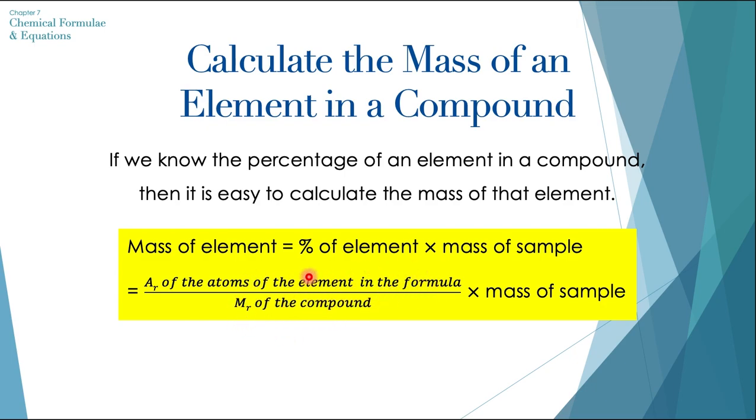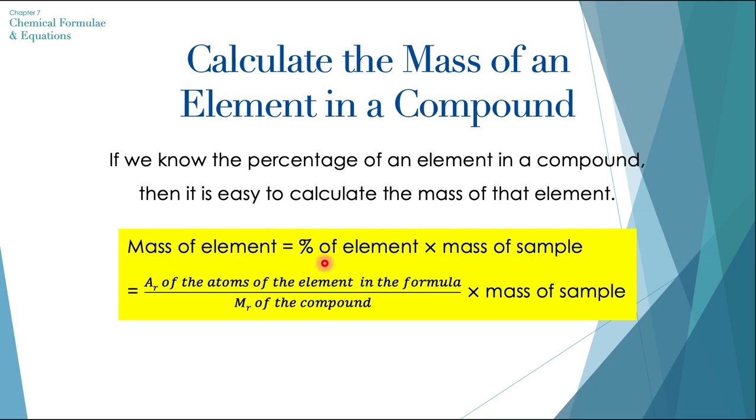This is how we find the percentage of an element, right? We saw it right now, and then multiplied by the mass of sample. It means the same thing, just clarifies the percentage part a little more. So, multiplying mass of sample with percentage of element, we can find the mass of the element.